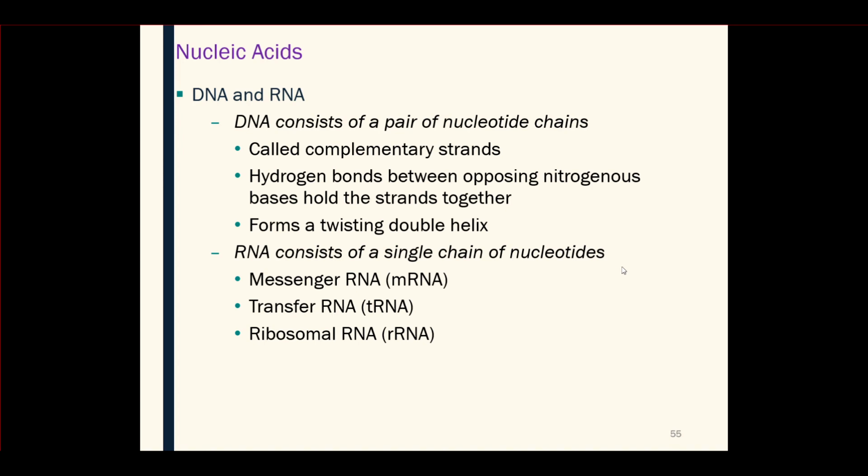We usually abbreviate that mRNA. The second one is going to be called transfer RNA. We abbreviate that tRNA. And the third one is known as ribosomal RNA. These actually help to form part of our ribosomes.